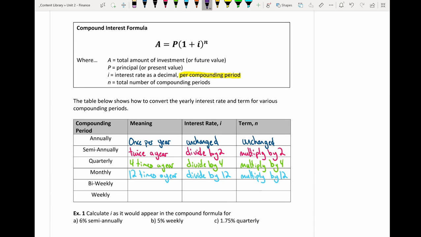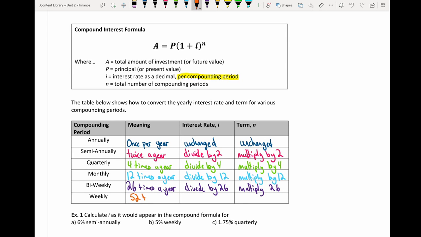Bi-weekly means 26 times a year. So we divide by 26 and we multiply by 26. And then lastly, weekly is 52 times a year.